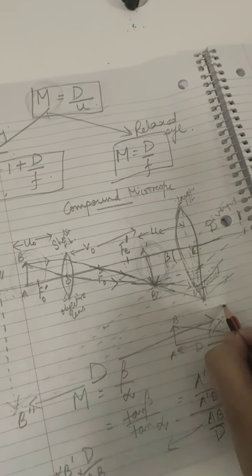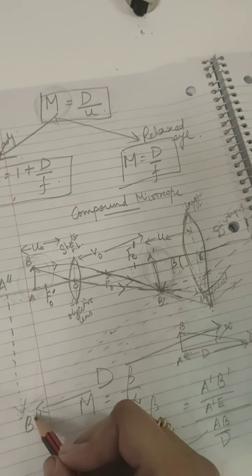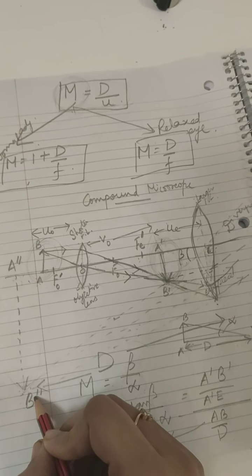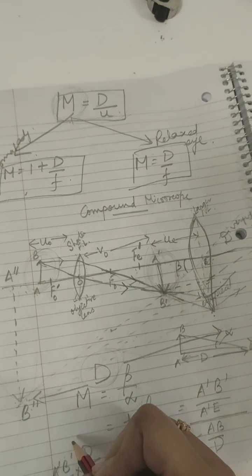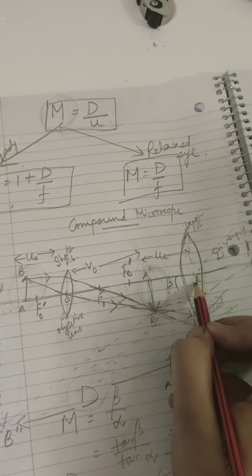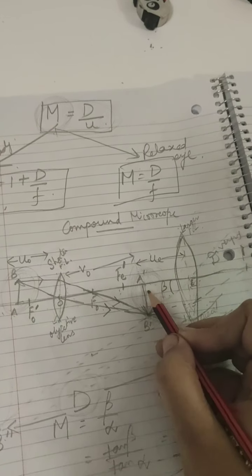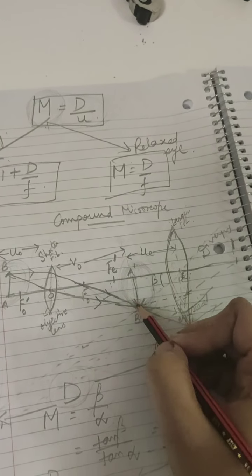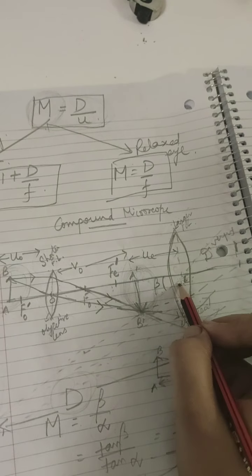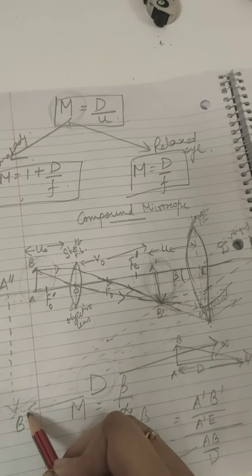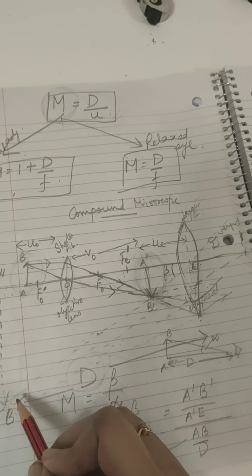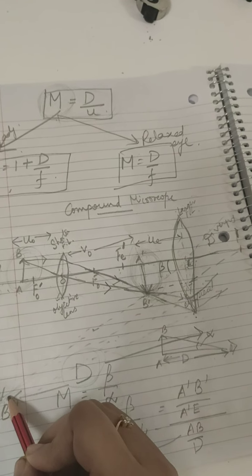So the final image, that is VE, is at D. How should I change the eyepiece such that this image gets closer to the optical center of the eyepiece and the final image is formed at D, the least distance of distinct vision of the eye?